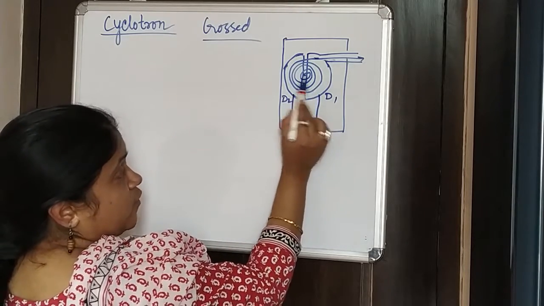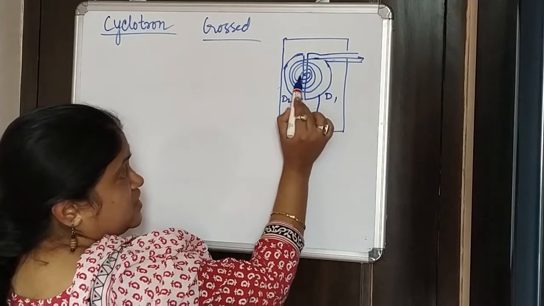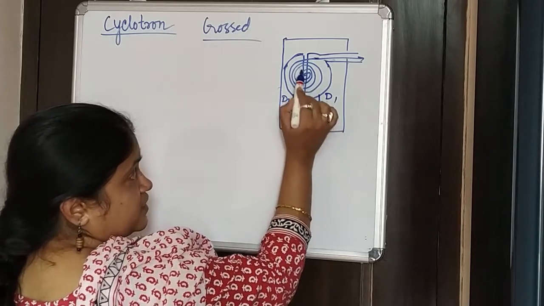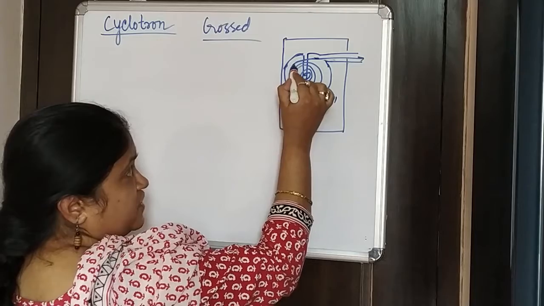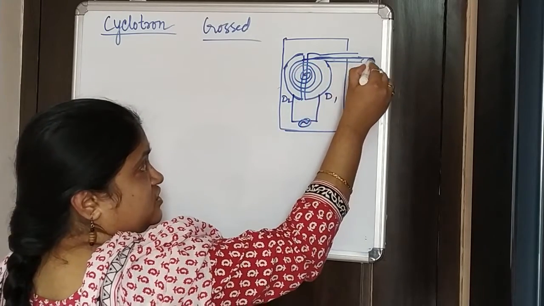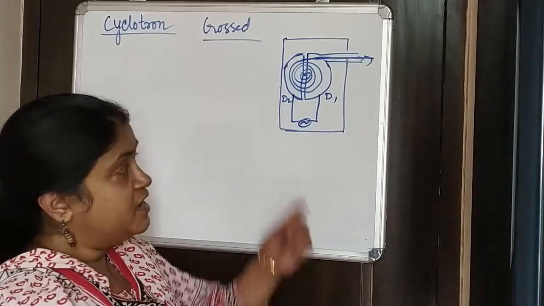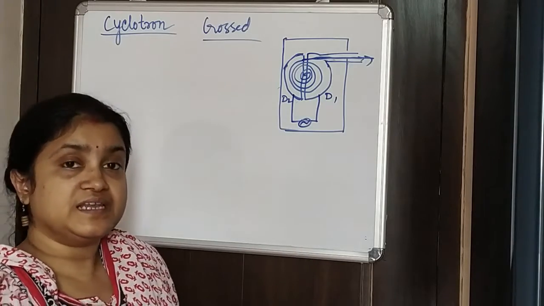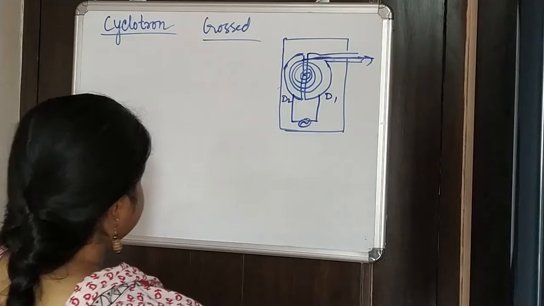That's how, oscillating between these two discs while making this circular path, the charged particle finally goes with a very high acceleration. It moves out of the chamber, and that's how we get a very highly accelerated particle.